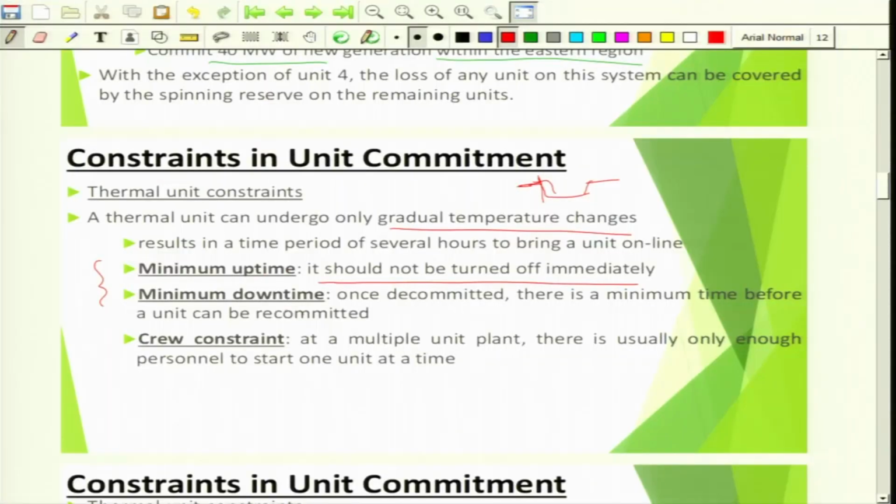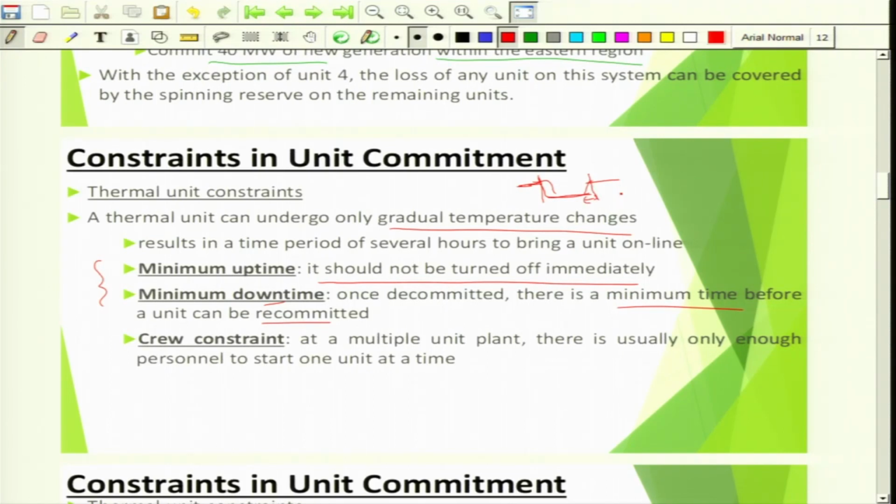That is minimum uptime. What is minimum downtime? Once decommitted, there is a minimum time before a unit can be recommitted. It's just the opposite. Now you have turned it off, and there is another generator, but it has a higher downtime. Now you need to switch on the generator, and it takes some time.